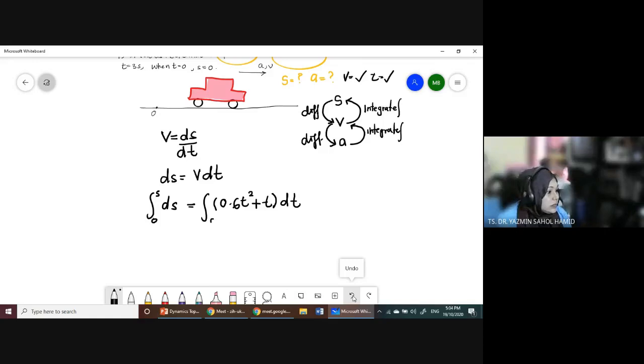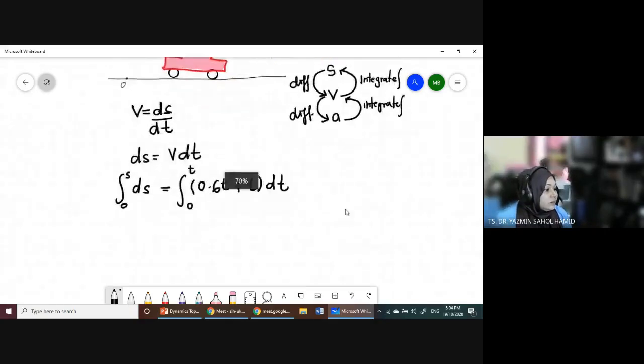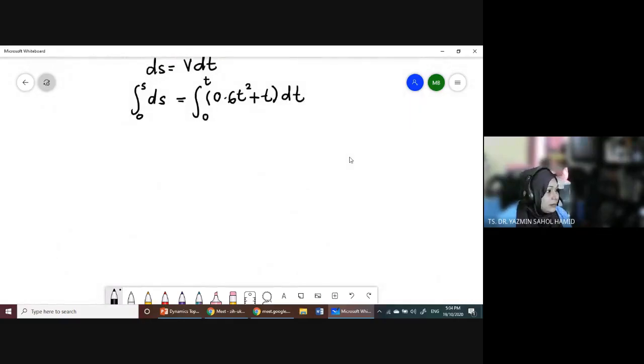Okay, so this is integrated with time. All right. So the next step, when we integrate ds from 0 to s, it becomes s only. And then when we integrate 0.6 t squared plus t, what do you get?